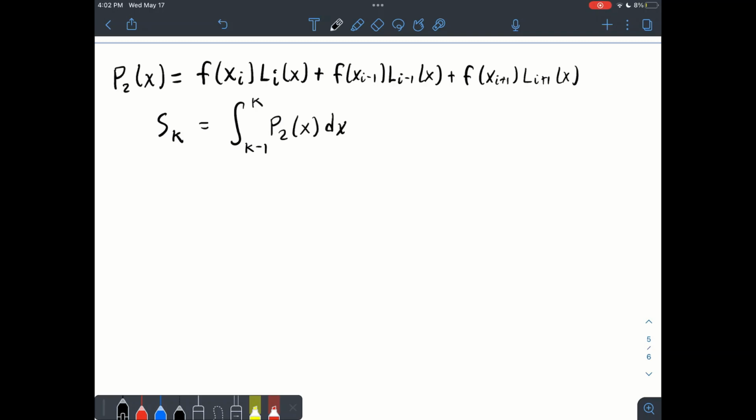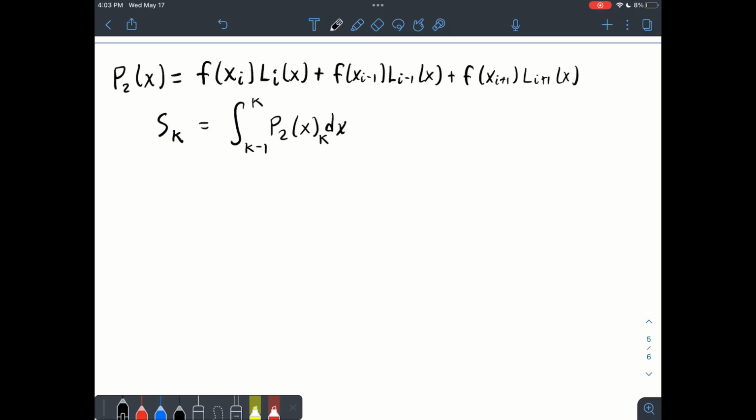But this is going to be the kth P2 of x, because we're going to have multiple nodes where we're integrating this. This will become more apparent when we write out the full definition, so ignore the k for now. It'll make sense in a second. We have to integrate this polynomial, and since it's a polynomial, we can integrate term by term, with no surprises.